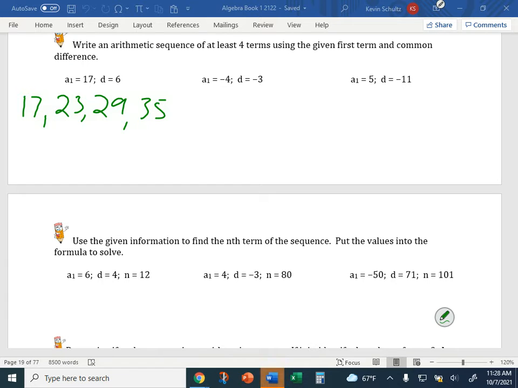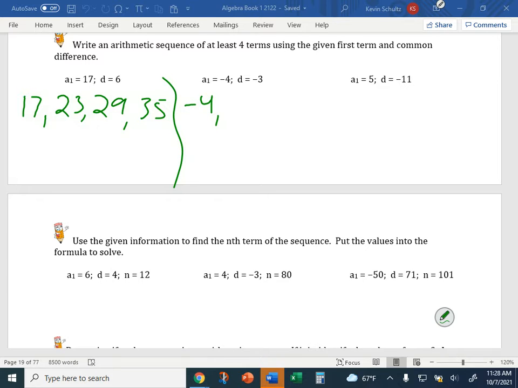So when you look at a sequence and try to decide what my different variables are for this formula, D comes from what's happening in the pattern, okay? With a first term of -4 and a D value of -3, the first term is where we start, so it gives us the starting point. What's our next number going to be in the sequence?